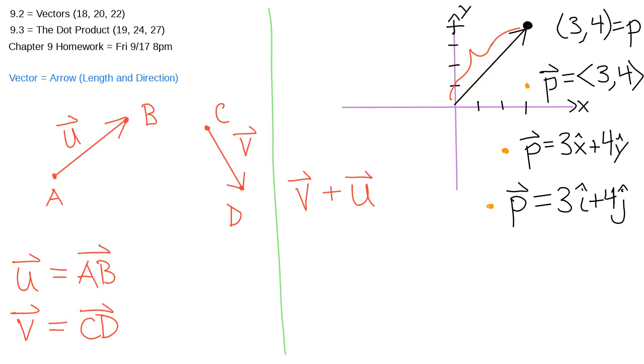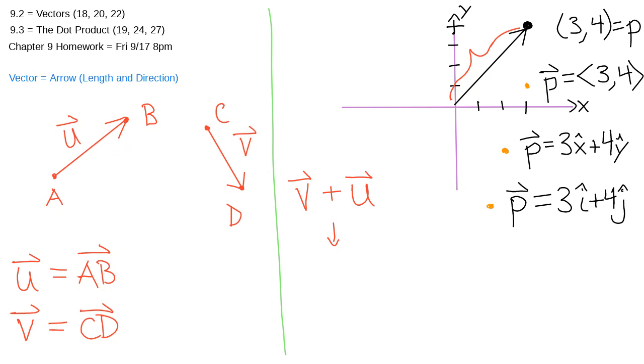What would that look like visually? I'll show you. You take the vector v. Remember, the position of the vector can change. You can translate it left, right, up, down. That doesn't matter. What matters is the direction stays the same and the length stays the same.